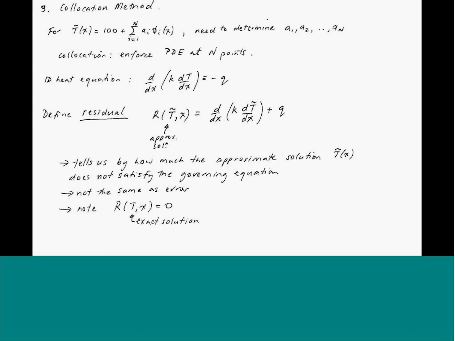And for this 1D heat equation, what's the residual? It's d by dx of k dT tilde dx, plus Q. So 1D heat equation, d by dx of k dT dx equals minus Q. The residual for that equation, R, is a function of the approximate solution, T tilde, and of x. You can mark it with a tilde to remind yourself that this is the approximate solution.